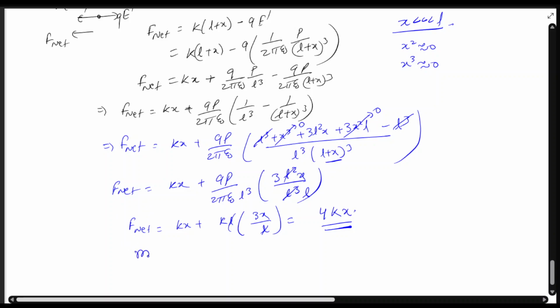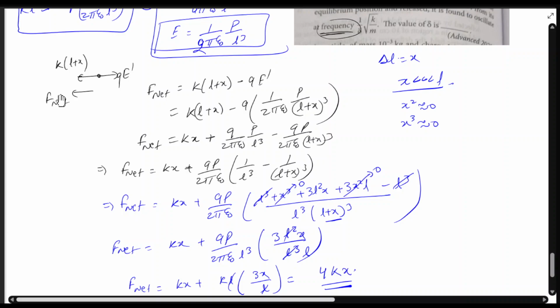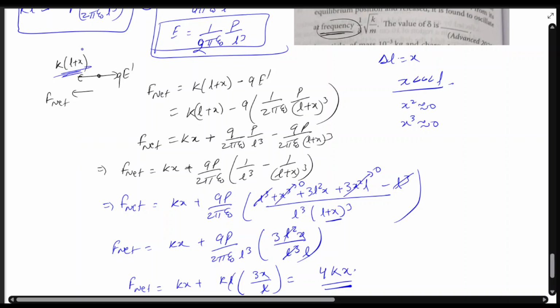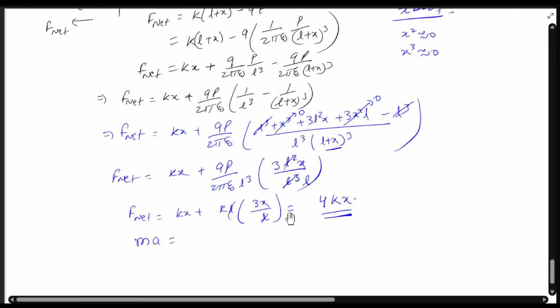We can just write it as mass into acceleration. And look, F net will be in this direction, because this is greater than this. When we solve it, we have considered it as greater, and hence we automatically get positive.